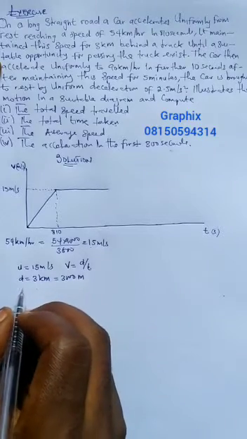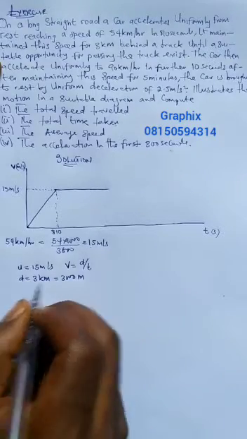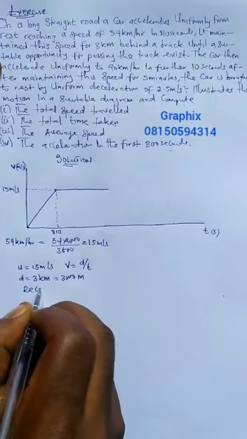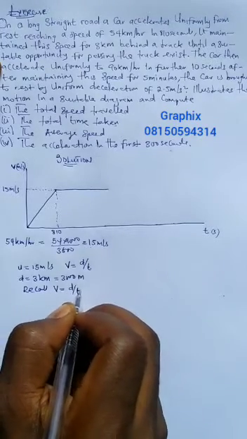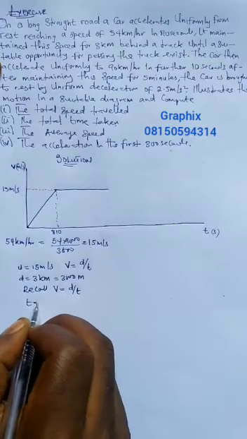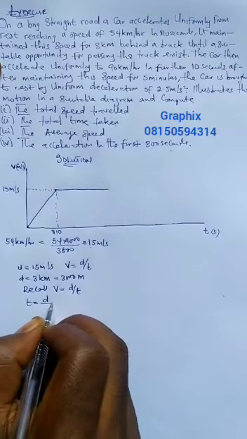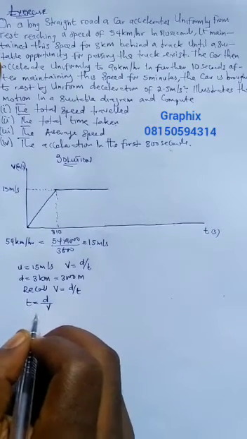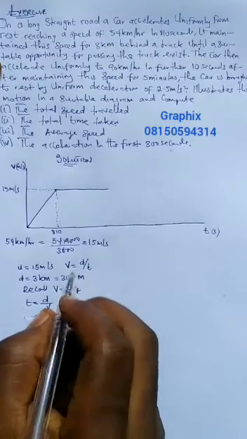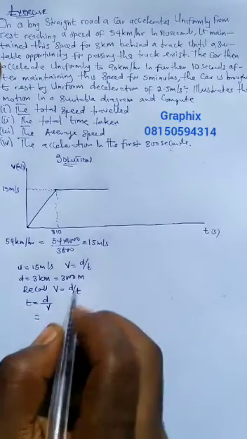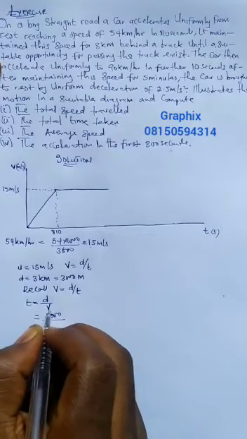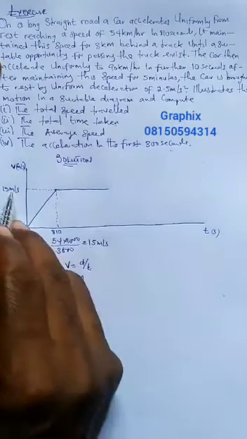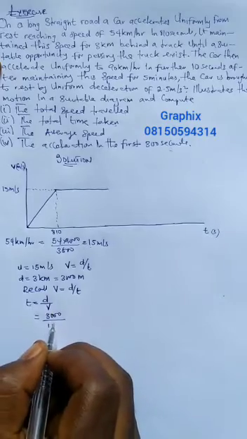Recall v is equal to distance over time, so our time will be distance over velocity. The distance here is 3000, and the speed being maintained is 15 meters per second.